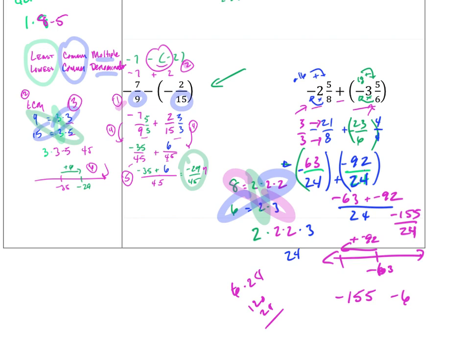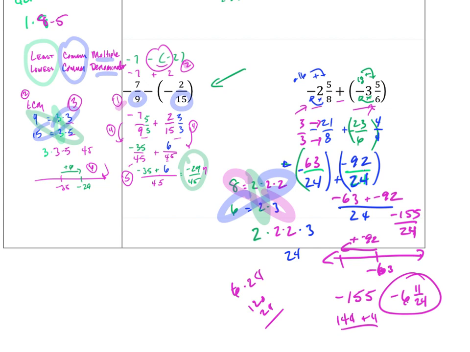That means I'm going to have 144 plus 11 equals 155. So I'm going to have negative 6 and 11 24ths. And I know 11's prime, it won't go into it, so there I am done.